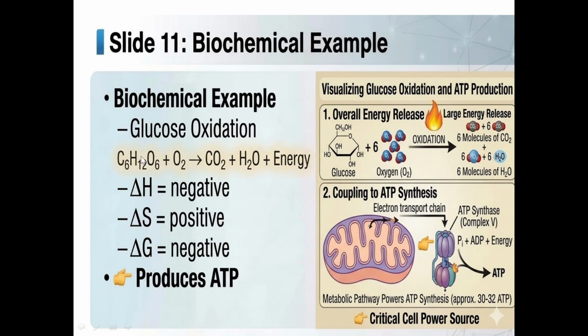In a biochemical example, glucose oxidizes into CO2, H2O, and energy. Here the enthalpy is negative, the entropy is positive, and the Gibbs energy is negative. So it produces ATP. These are the very important concepts to note about the change in free energy.